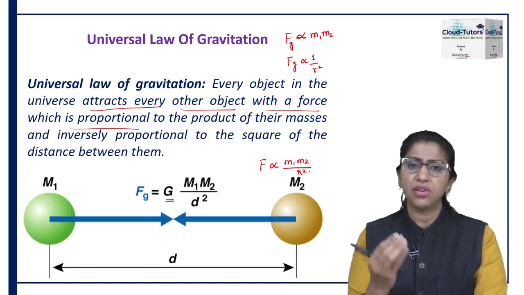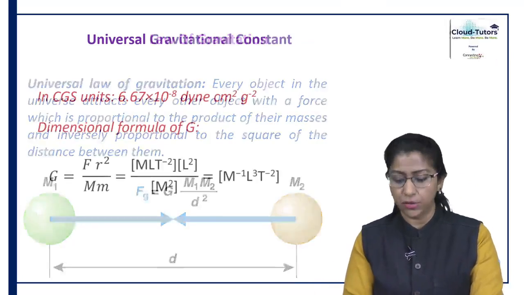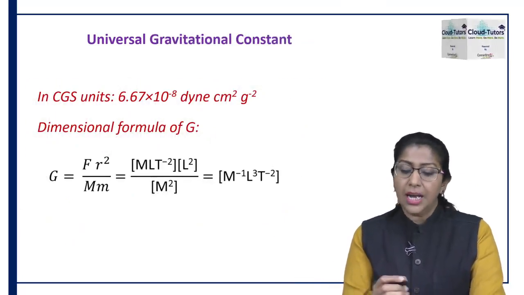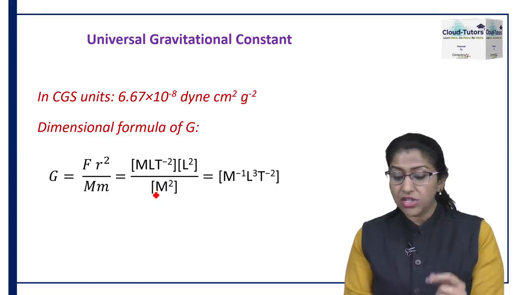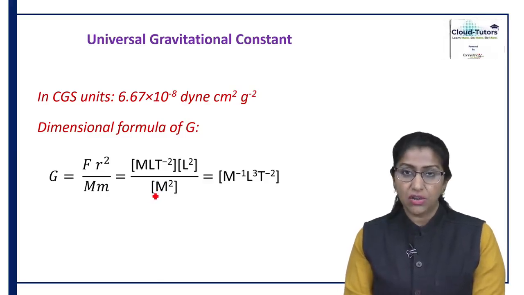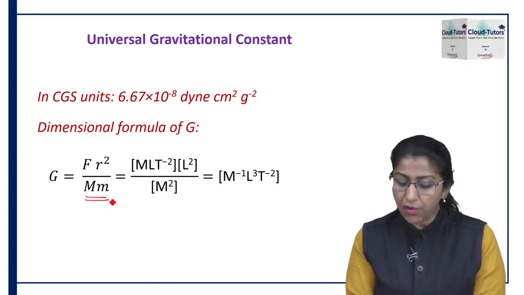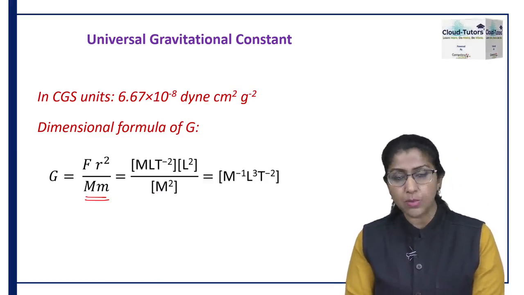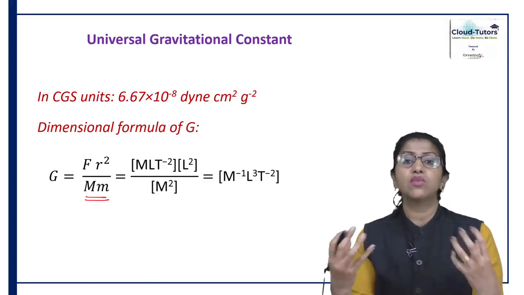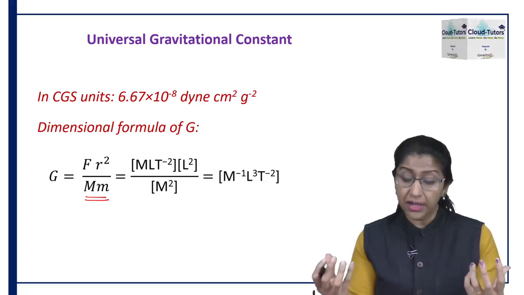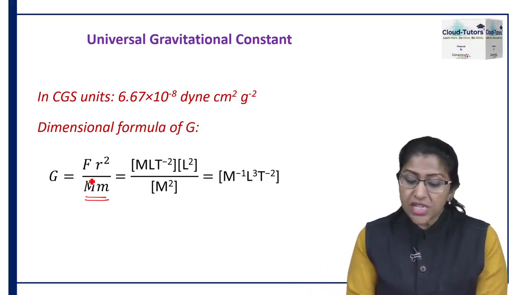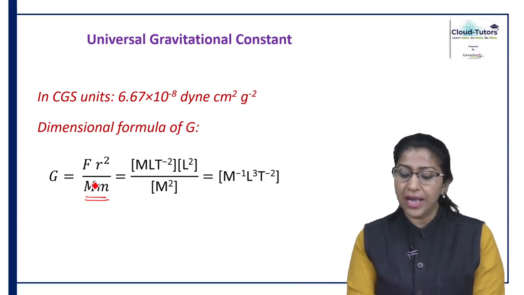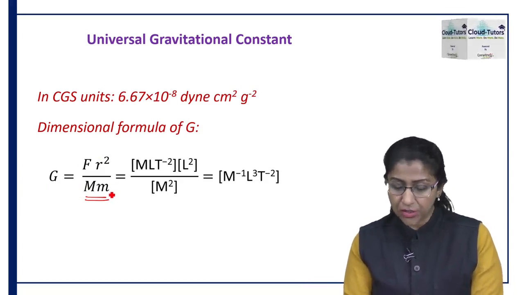All right, I'm sure you would have all studied this in your high school. Now, coming to the dimensional formula of the universal gravitational constant, it can be deduced as follows. If capital M and small m are the two masses of the two objects separated by a distance r, then G can be deduced as F r square divided by capital M into small m.